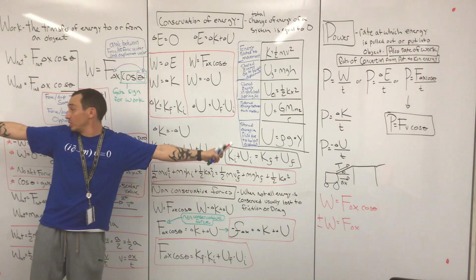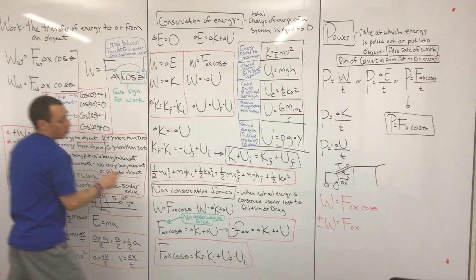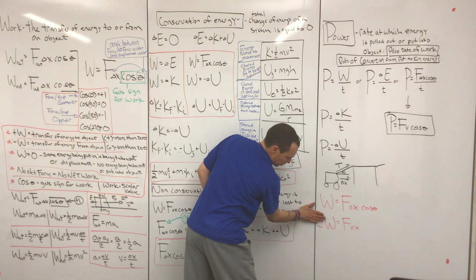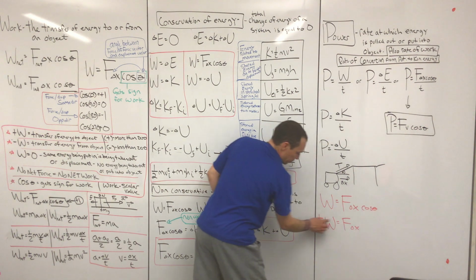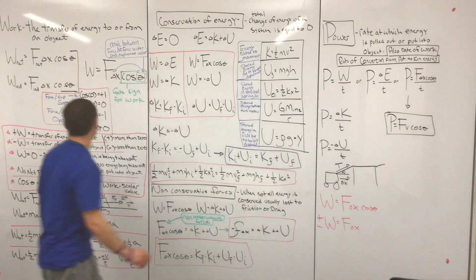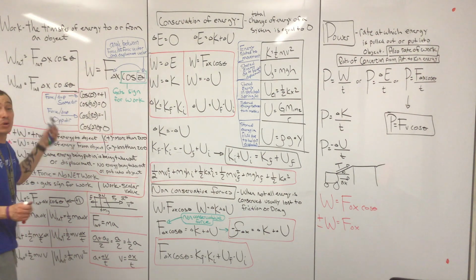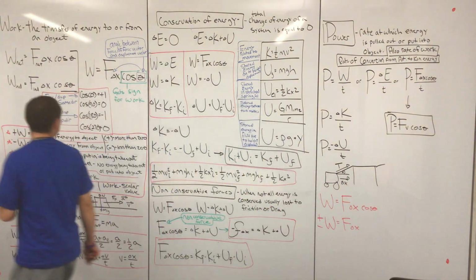Force would be that way, displacement that way, typically with friction or something like that. So negative 1. If this cosine theta was 180, I would replace it with a negative. If this cosine theta was 0, I'd replace it with a positive in front of work. And then cosine 270 is equal to 0. These are the typical angles, but not the only ones. Like I said, you could have any angle.